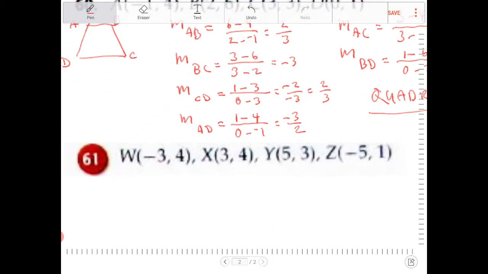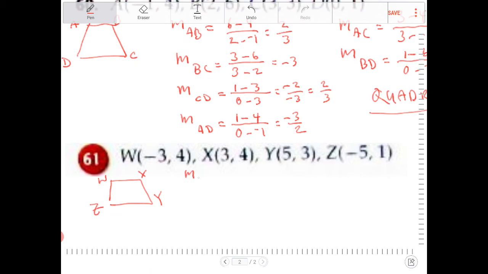And we're going to do the same thing here. I have WXYZ. So again, I want to find the slope of WX. That's 4 minus 4 over 3 minus negative 3, and that's 0.